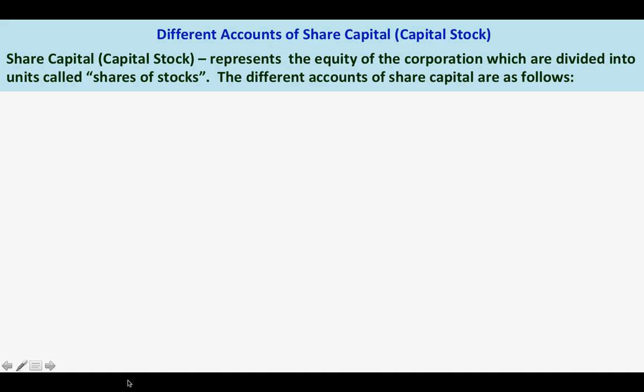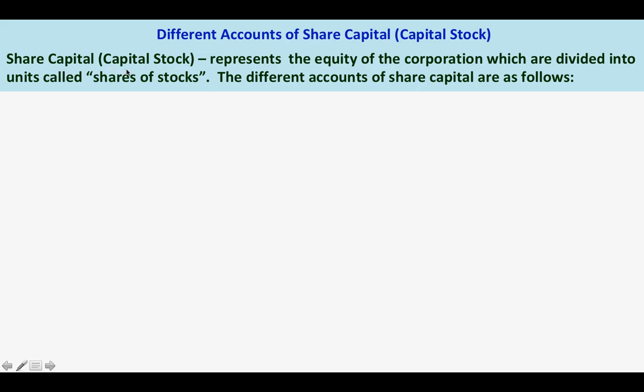So now class, let us discuss the different accounts of share capital. If you can recall, in our stockholders' equity, the main accounts are share capital and share premium. So let us take a look at what is share capital.